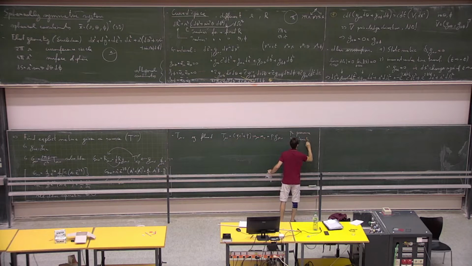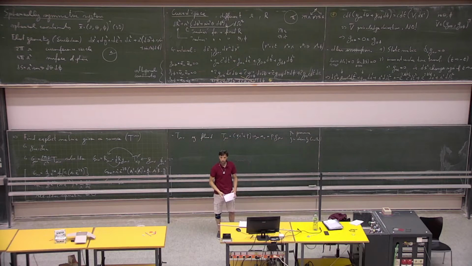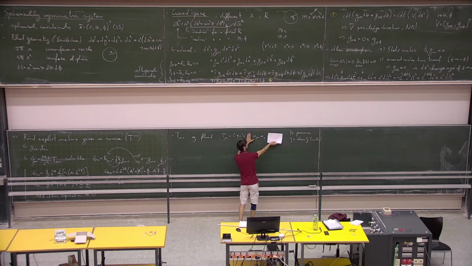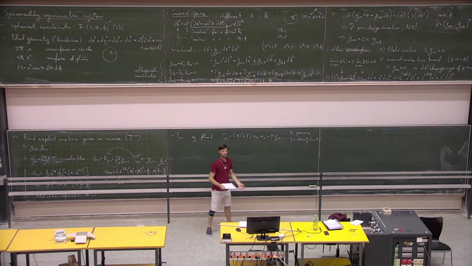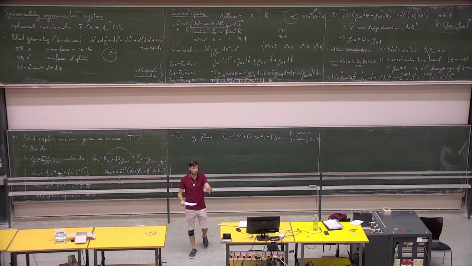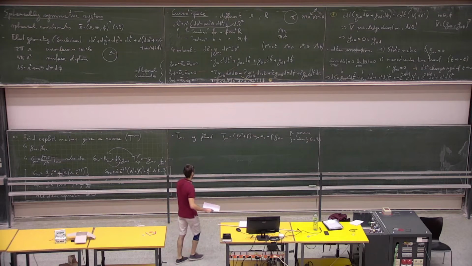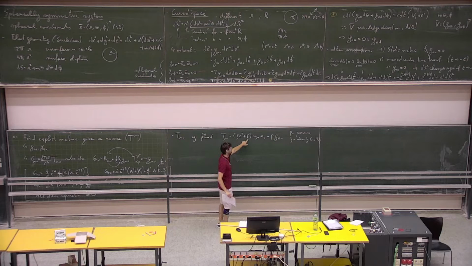matter density. If you are considering a stone, like a planet, you reduce yourself to the case of dust, in which the pressure is equal to 0. If you are considering, I don't know, Jupiter, for example, which is a gaseous object, then there is a pressure content, P. Okay?